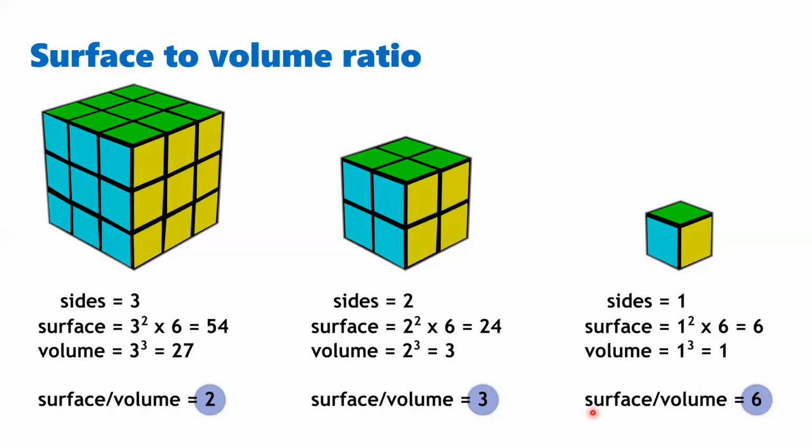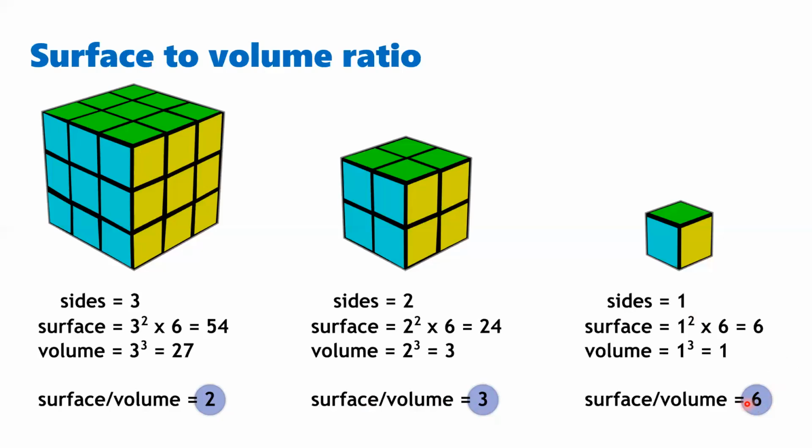Now, as we are moving from bulk material to microscopic material and to nanomaterial, what is happening to surface to volume ratio? In the bulk material, the surface to volume ratio was 2. In the microscopic material, surface to volume ratio was 3. Whereas in the nanomaterial, surface to volume ratio is 6.